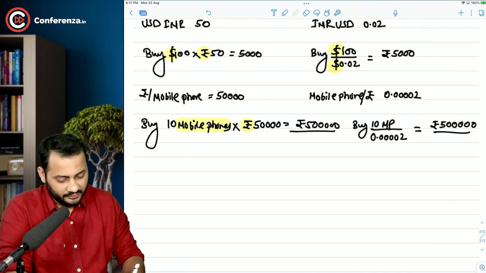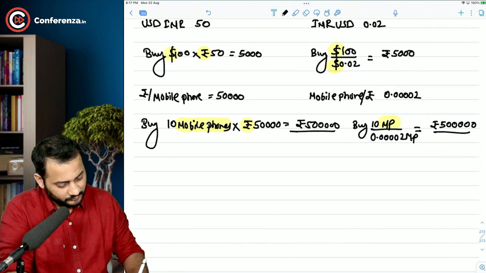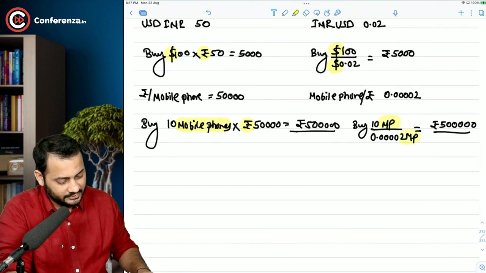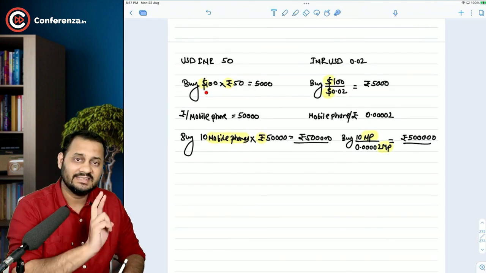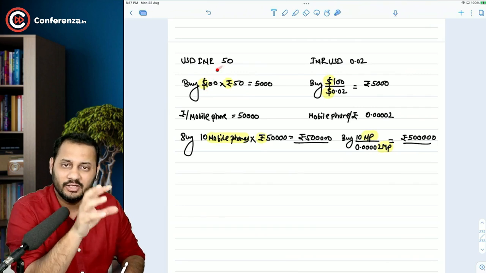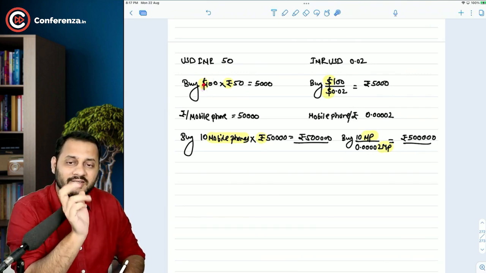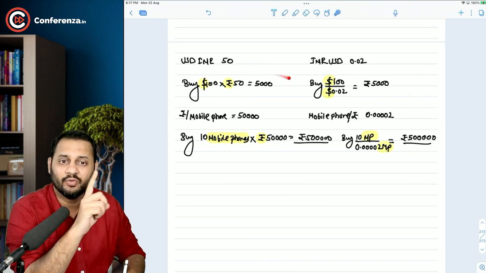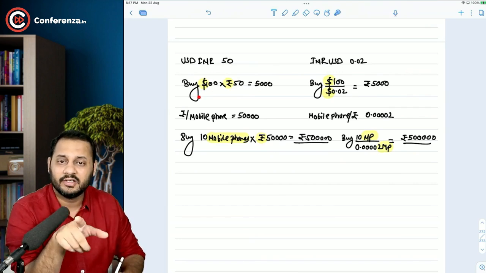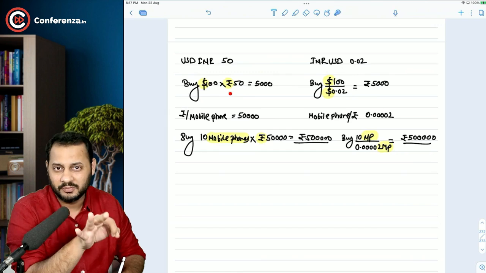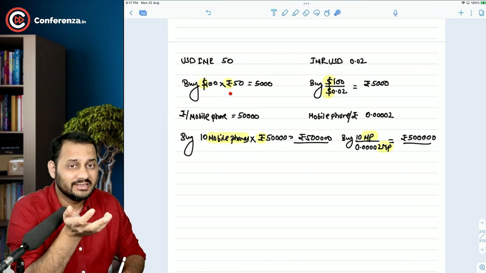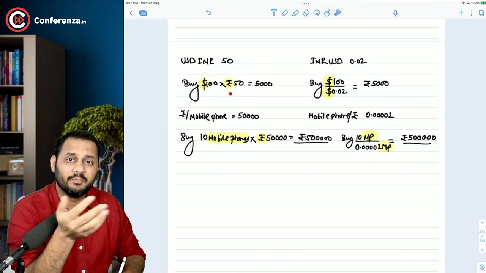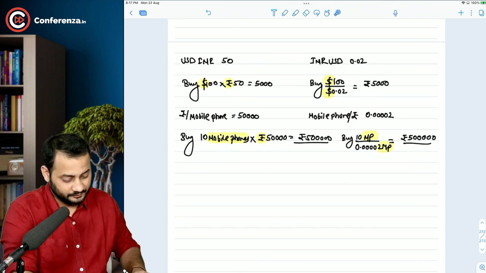So you understand one thing. The entire purpose of explaining this is that when the currencies of the values are the same, you are going to divide. If they are opposite, you are going to multiply. Most of the time people make this mistake. They just multiply when we had to divide.